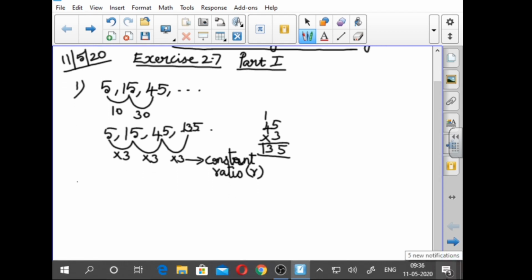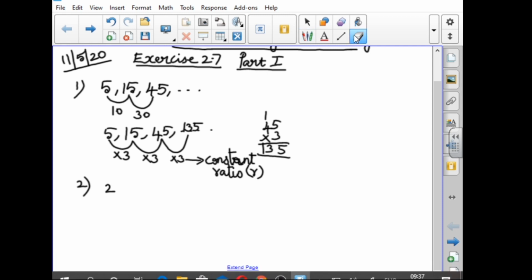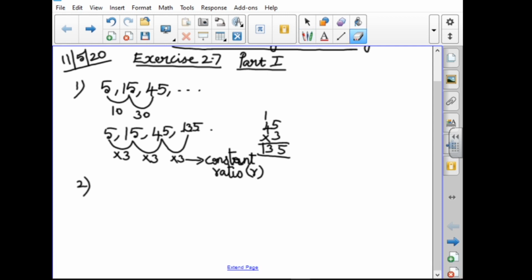Next example, suitable for this situation. A viral disease is spreading in a way that at the first stage it affects one person. In the second stage it affects two persons.